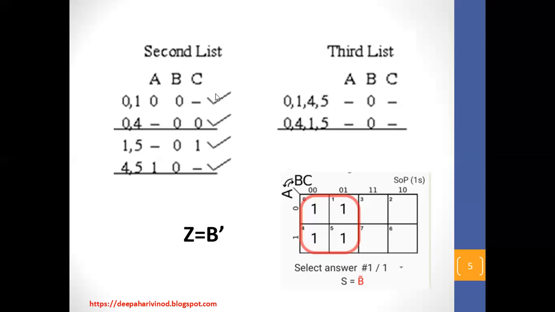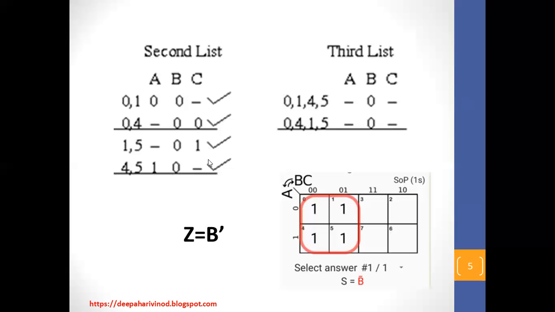Now, 0, 1 you checked with 1, 5 as well as 4, 5. So 1, 5 it cannot be compared, so discard it.